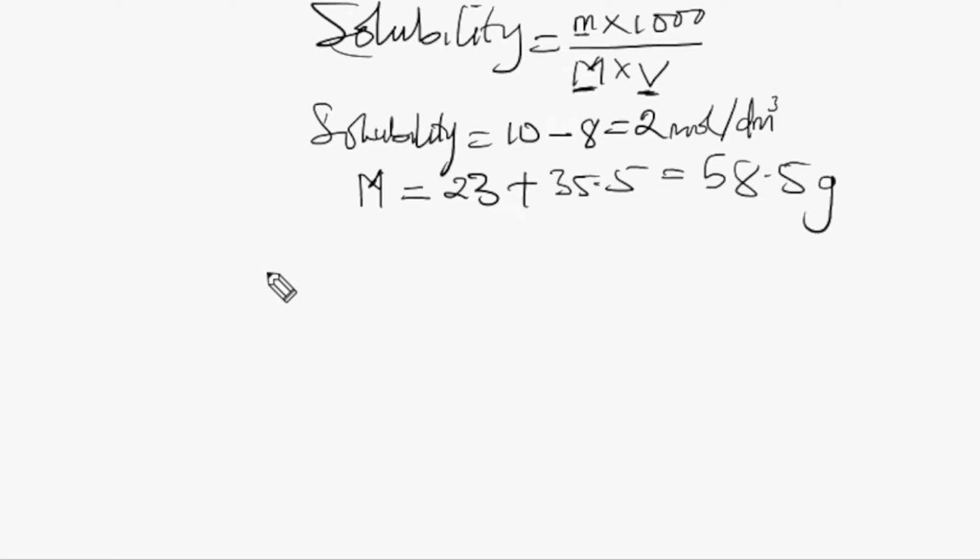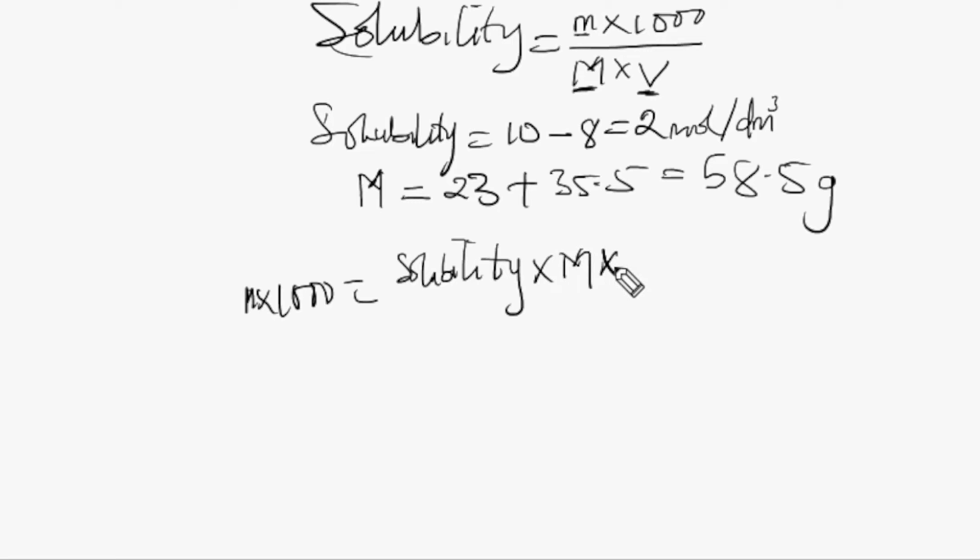So we are going to make this mass the subject of this equation. We're going to say the mass times 1000 will be the solubility times the molar mass times the volume.